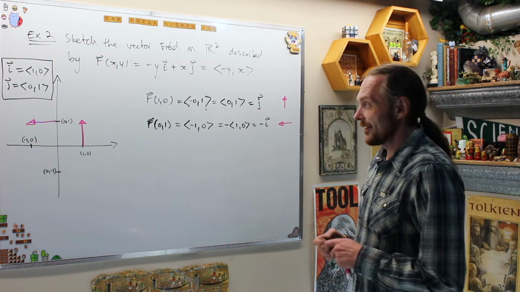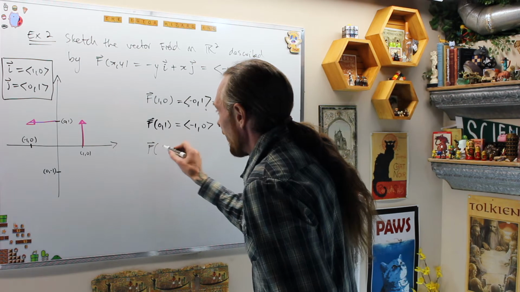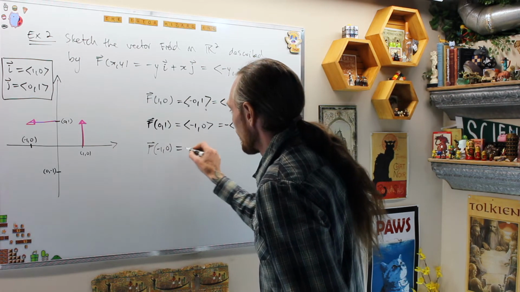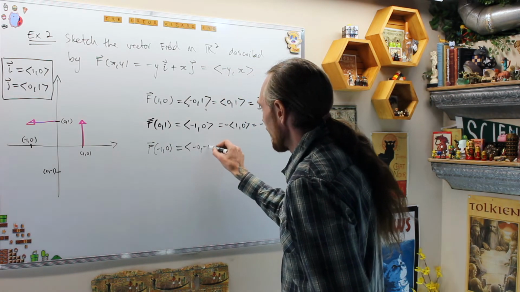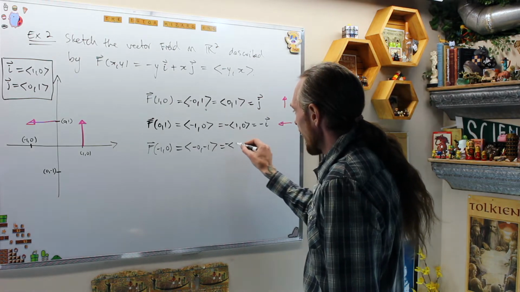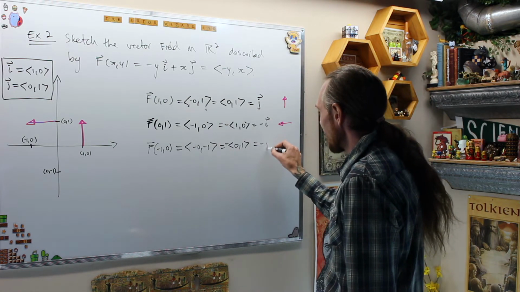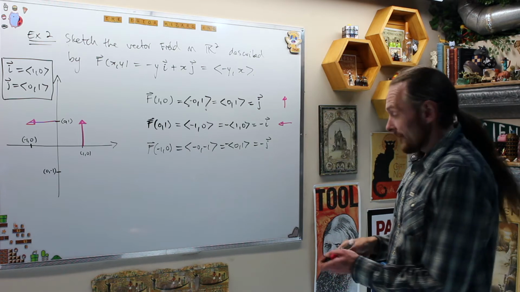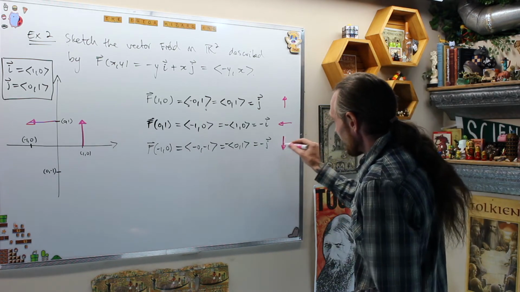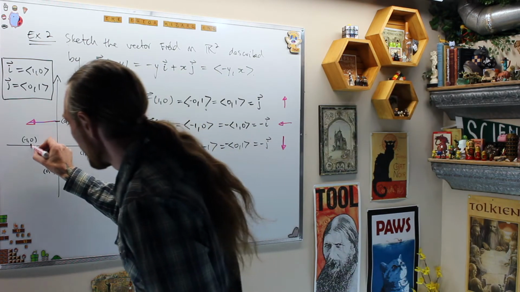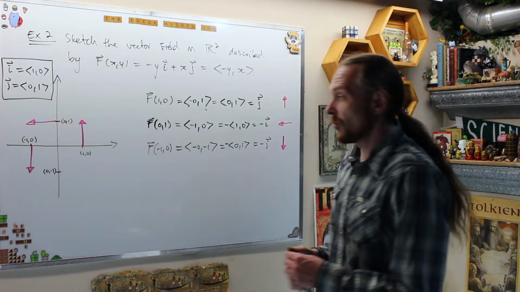Well, just wait a second. f of negative 1, 0 is going to equal negative 0, negative 1, which is negative j. Who's negative j? This guy. Therefore, I get this vector with magnitude 1.